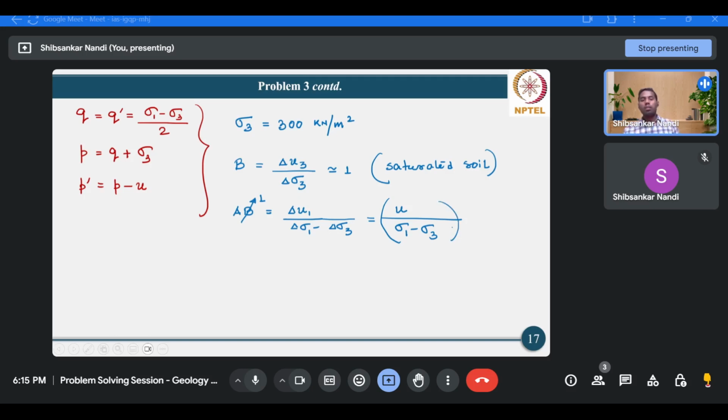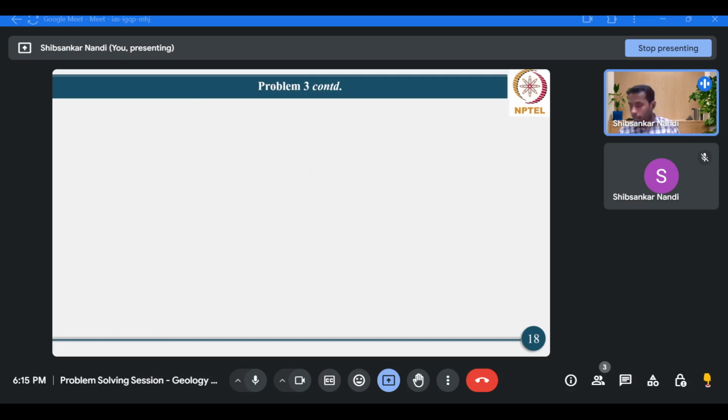Now with these expressions we can make a table in this form. First, delta L by L0: 0, 0.01, 0.02, 0.04, 0.08.